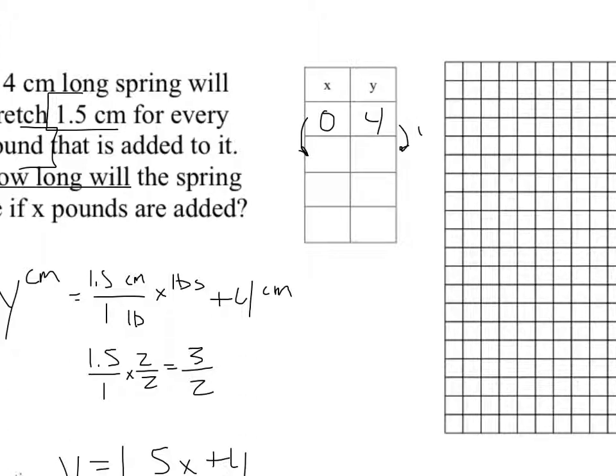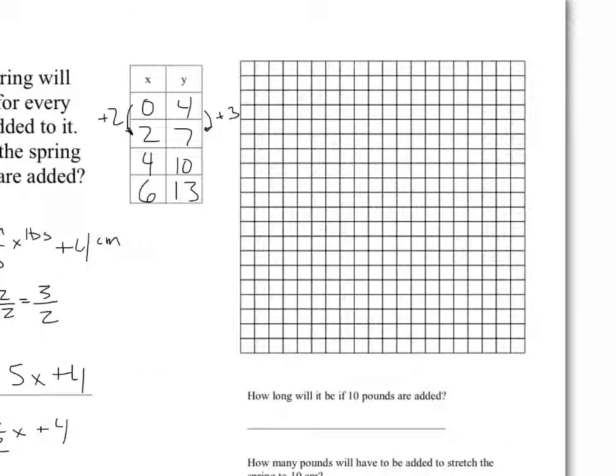If you did it the way I would have done it, you added 3 to your y and 2 to your x because you used your slope as 3 over 2. And you filled out your t-chart with these 4 points. Everything looks positive here, which suggests to me that I only need that first quadrant on my graph.